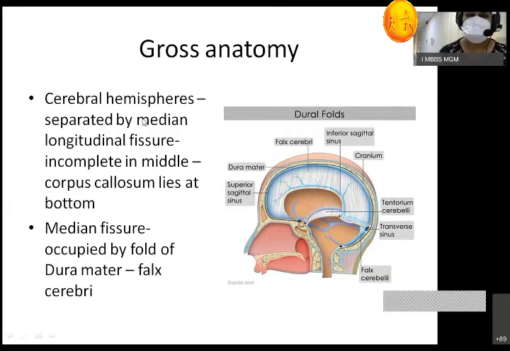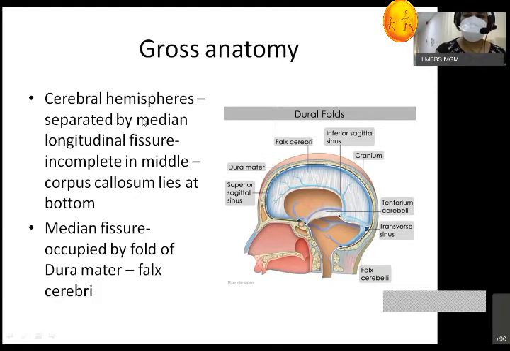It does not completely separate the cerebral hemispheres. In the middle, there is a structure called the corpus callosum, which connects these two cerebral hemispheres.